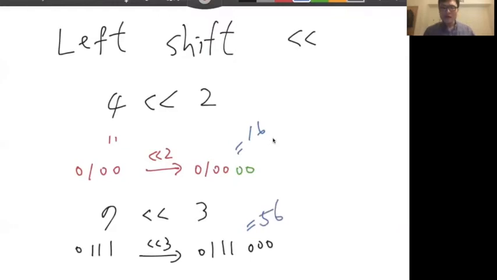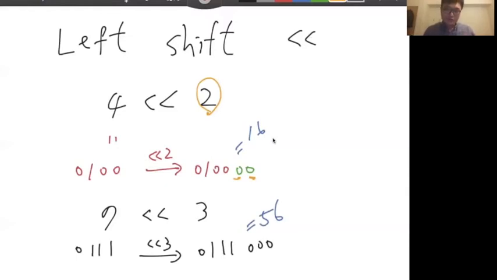56. How can I compute this so fast? Because if you remember what this represents, each zero here is about the power of exponential of 2, right? So if you understand this part, this shifting can actually give you a multiplication.